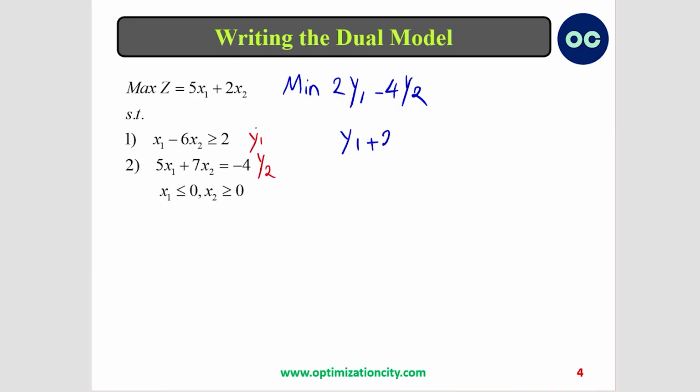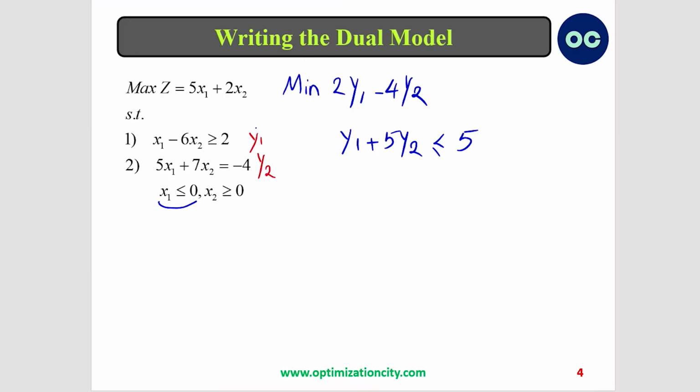So we have 5 y2. And the coefficient of x1 in the objective function of the original model becomes the right-hand side of the first constraint of the dual model. So we have 5. Since x1 is non-positive, this constraint is written as less than or equal to.